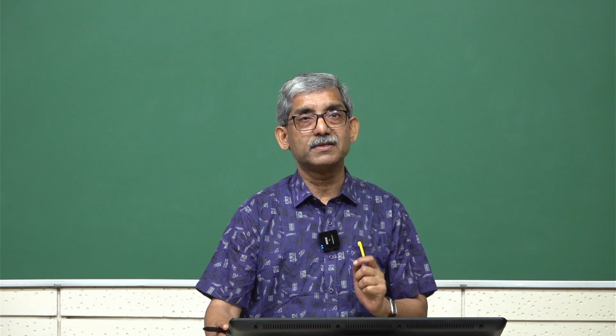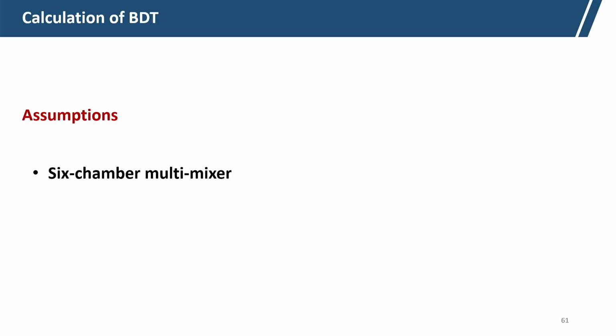Now, our assumptions are we will consider only a 6 chamber multi mixture, 6 chambers, with a continuous feeding type system. The feeding system will be continuous, this is our assumption. Normally it may or may not be a continuous feeding system, but for our assumption it is.